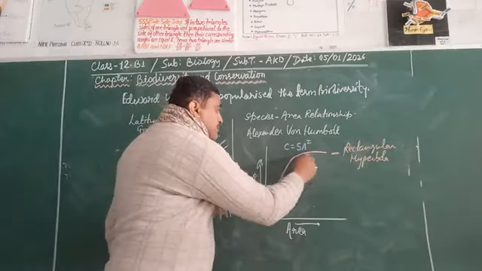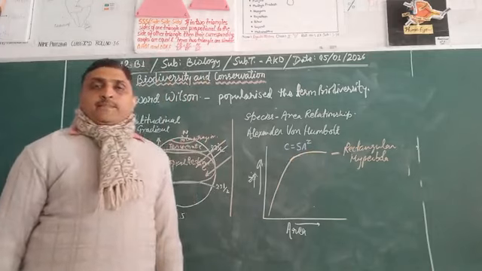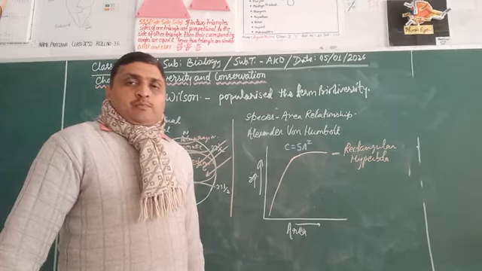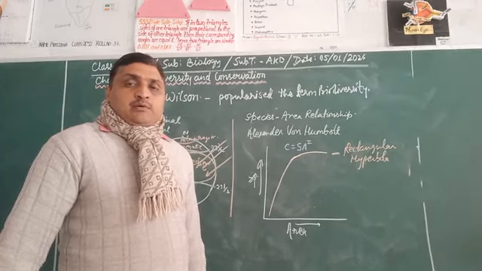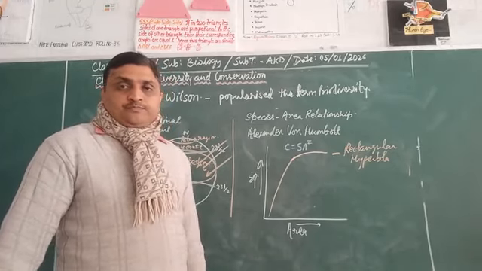The slope line is represented by Z. That is the species area relationship.